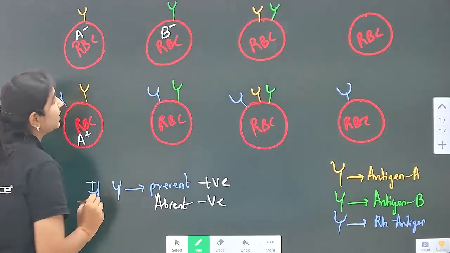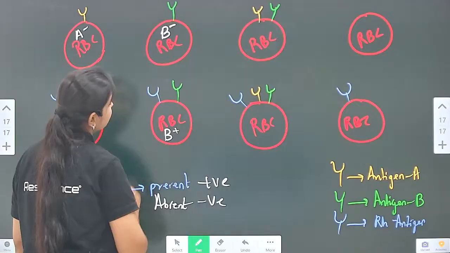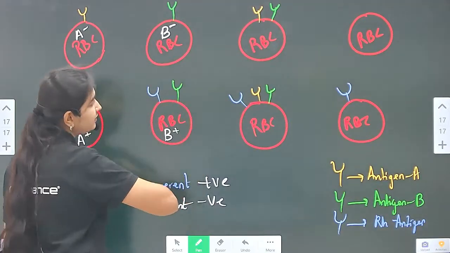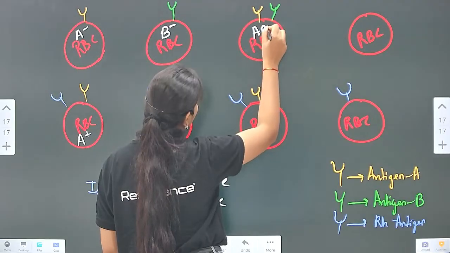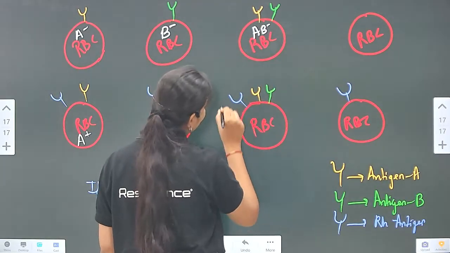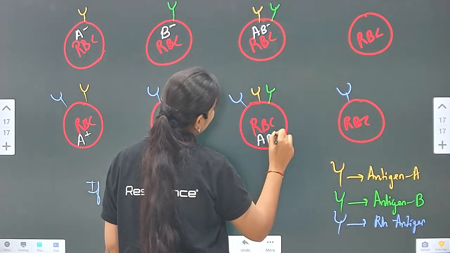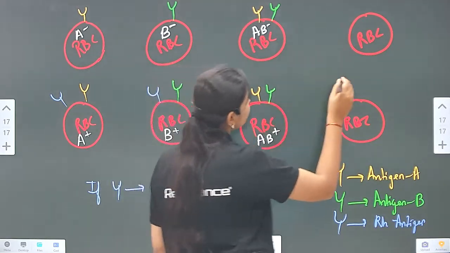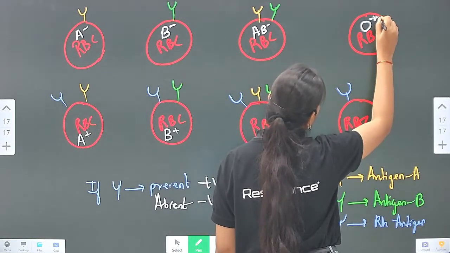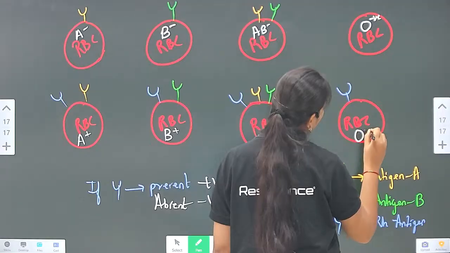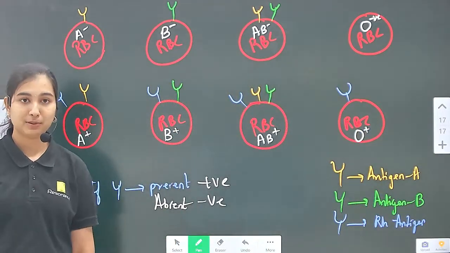Why negative? Because RH is not present. This is B positive. Next, you have this AB both, so you write AB negative. Here, you have this RH antigen, so you write it as AB positive. In a similar way, this is your O negative, whereas this is your O positive. Fine. So you have these different types of blood groups.